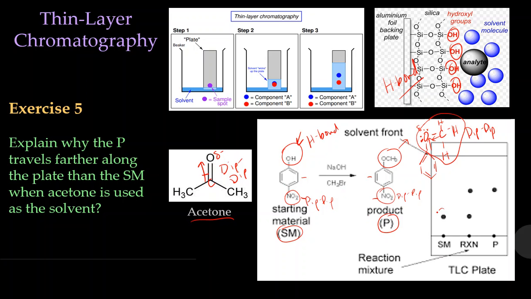So if we're looking here at our dots, they're starting points and ending points. The one that traveled farther, of course, is P. Why is that? Because our solvent has dipole-dipole interactions that more closely match the dipole-dipole interactions of the product, whereas the starting material has hydrogen bonding, so it's more attracted to the hydroxyl groups on the silica gel.